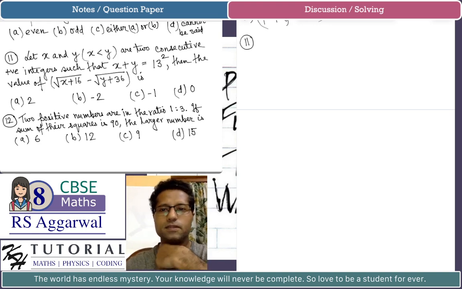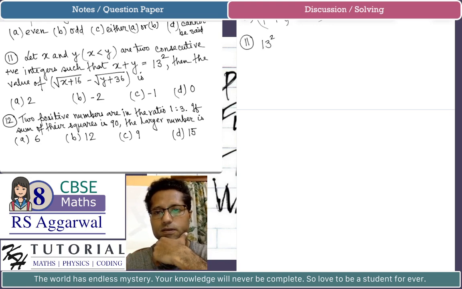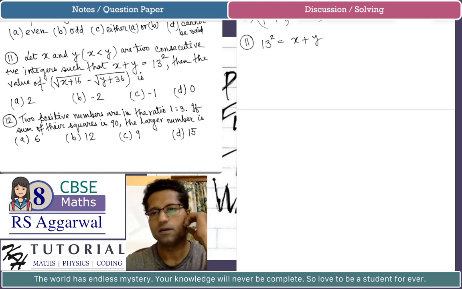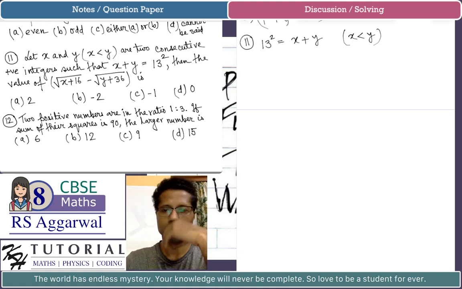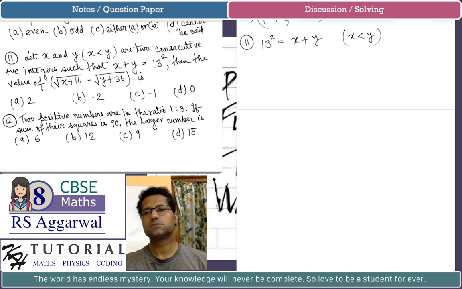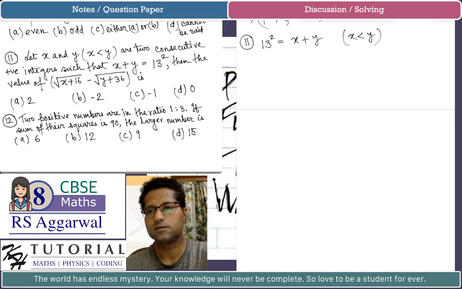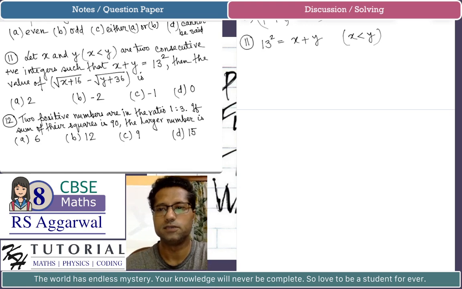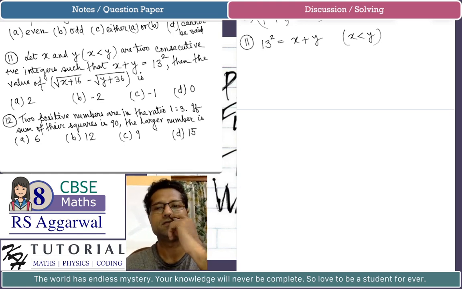It is given that 13 square is equal to x plus y, and x and y are consecutive integers with x less than y. So x is the smaller consecutive integer and y is the next larger consecutive integer.